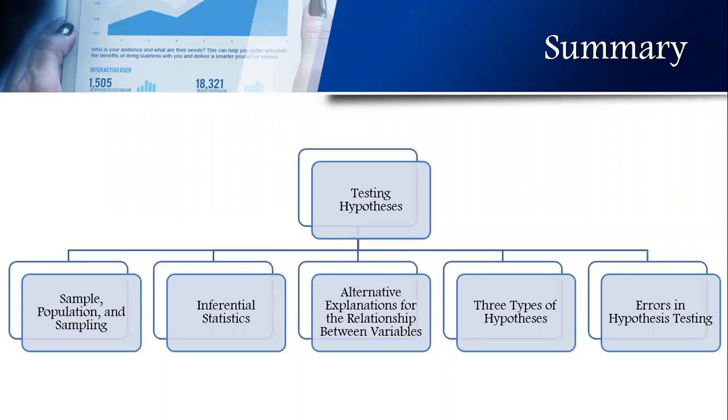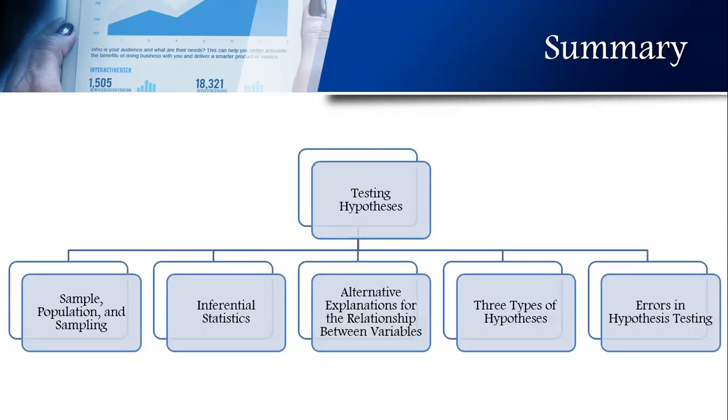So in summary, we have discussed the following concepts in this video lecture: the difference between a sample and a population, as well as the concept of sampling. We have also discussed the concept of inferential statistics. In addition, we have discussed alternative explanations for the relationship between variables.